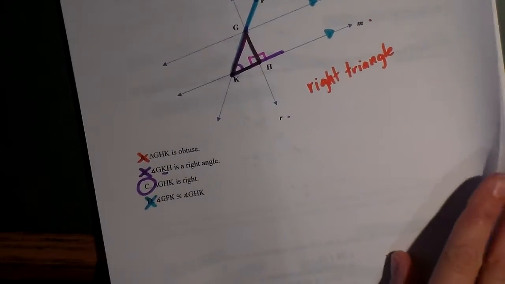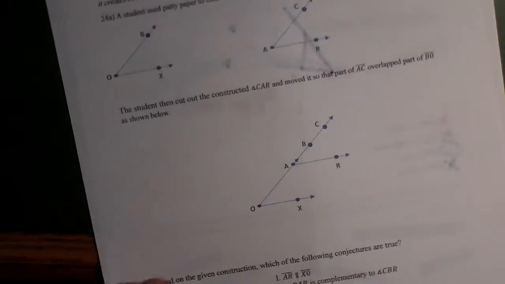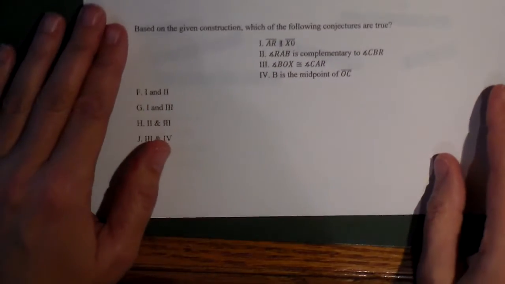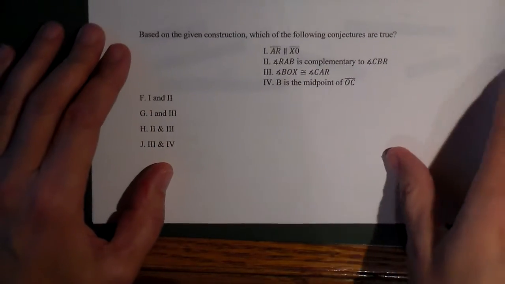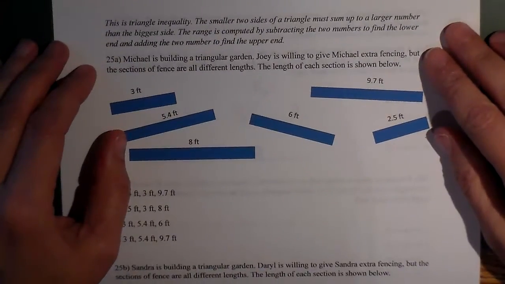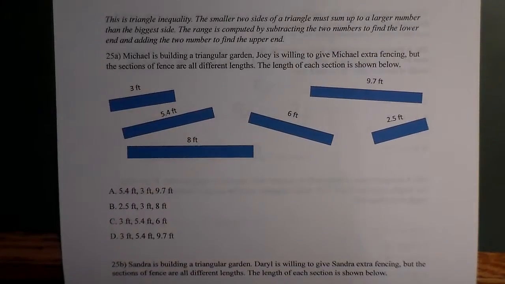So if you move on and you look, let's go ahead and go to 24. And I'm going to skip 24 because I believe we have taken that one off the exam. So let's go and hop over to 25. Okay. So if I go to 25, 25 says this is the triangle inequality theorem.